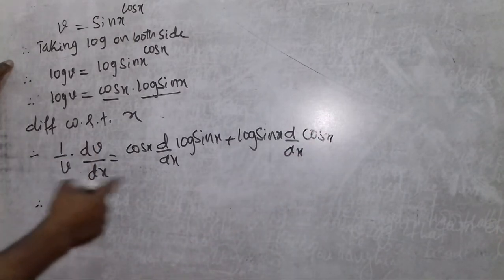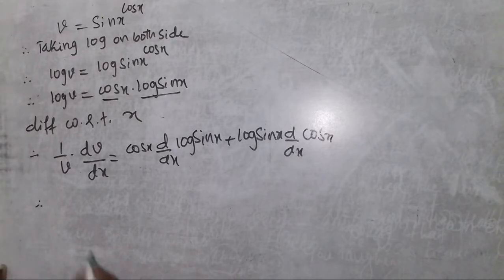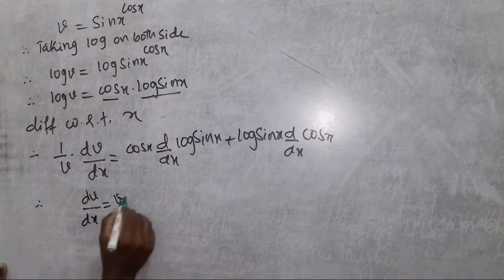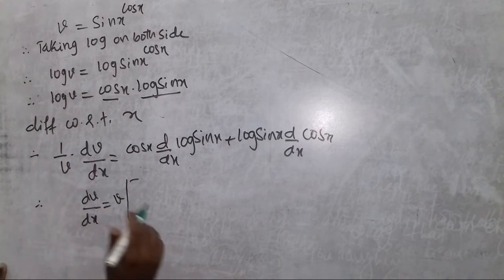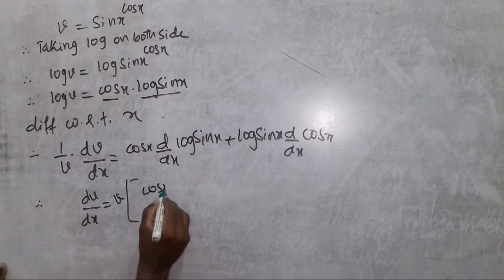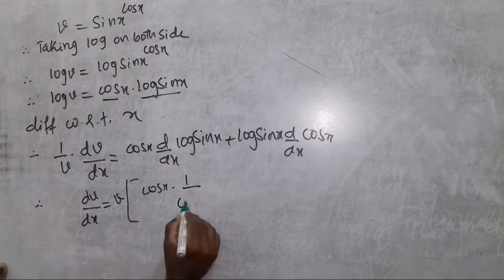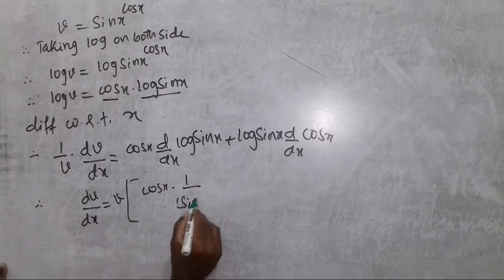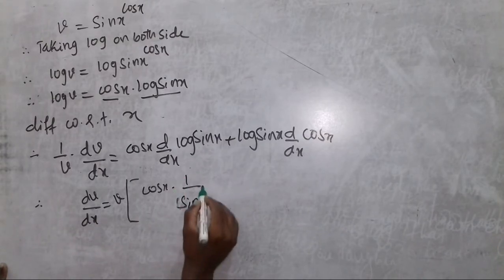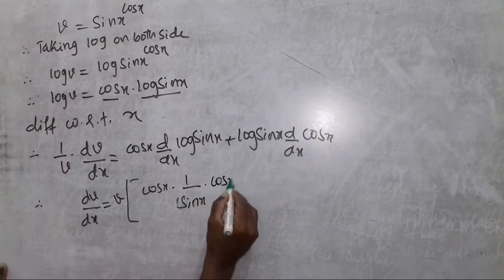Therefore dv by dx equal to v into bracket, cross multiply with this v. Cos x, derivative of log sin x is 1 by sin x, it is composite, therefore derivative of sin is cos x.